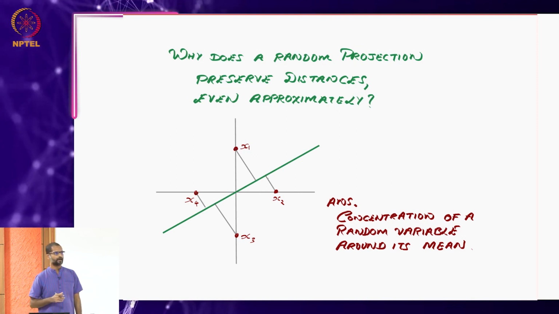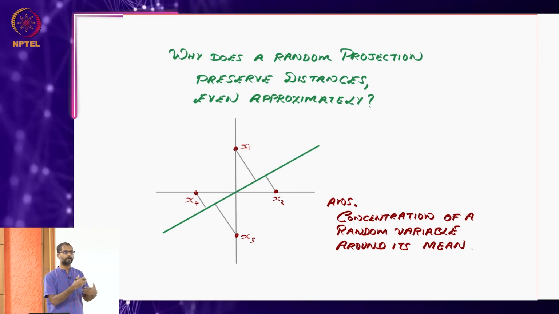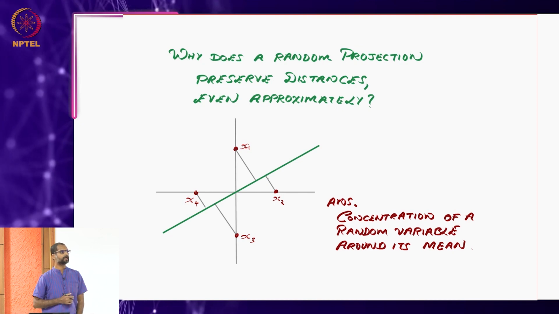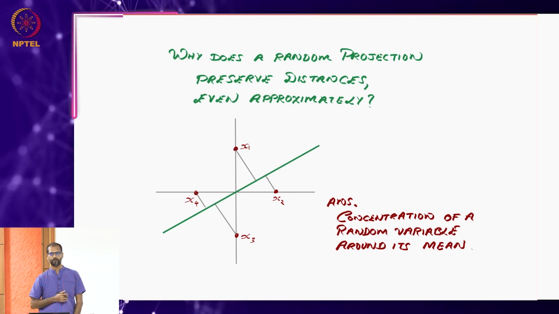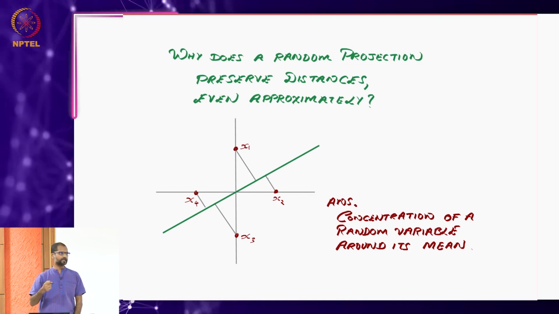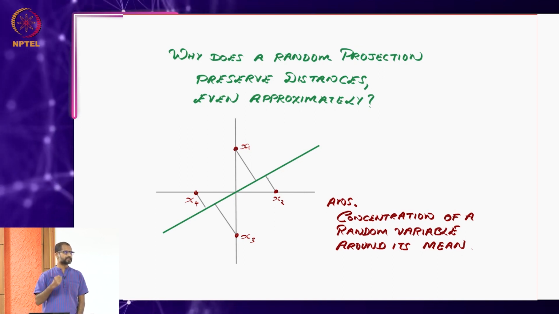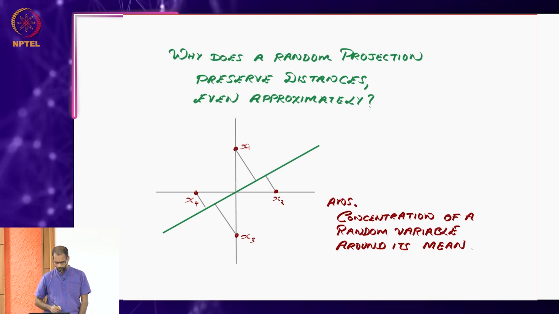So, amazingly, this seemingly geometric fact, about a random projection preserving pairwise distances approximately, turns out to be a consequence of concentration of measure. So, that is the one line answer. I would not give you all the detailed calculations, but I will walk you through the key steps, so that your understanding about why this happens is clear.